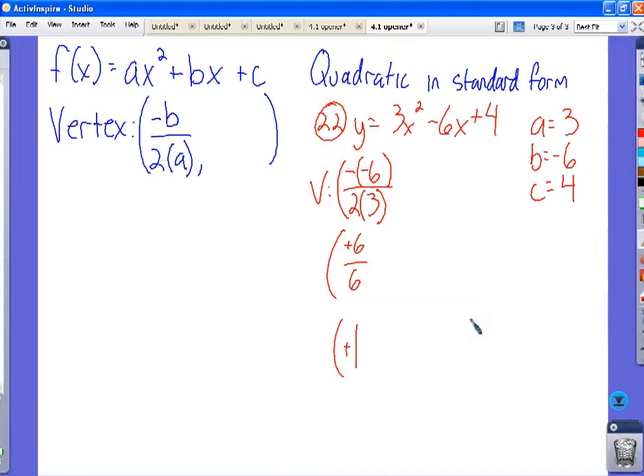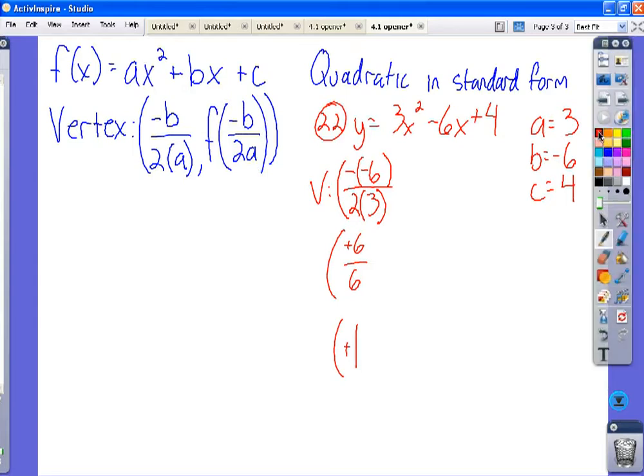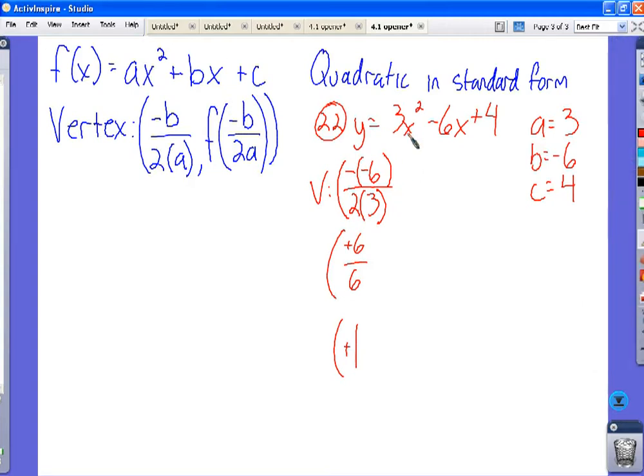How do we find the y? Whenever you have an x, you plug it in for x. So we can show that by saying f of that value. This notation just means I took whatever I got from negative b over 2a and put it into f. So we're going to take 1 and put it into this function.